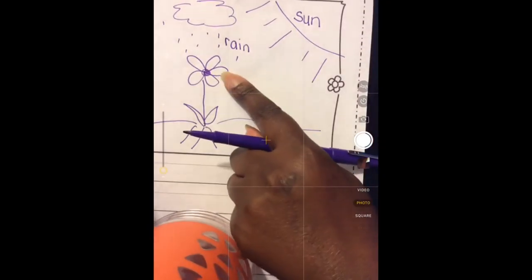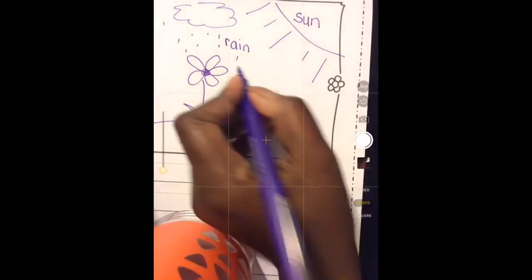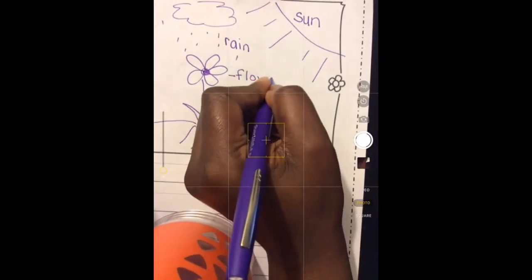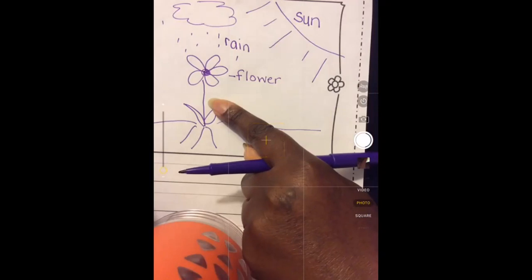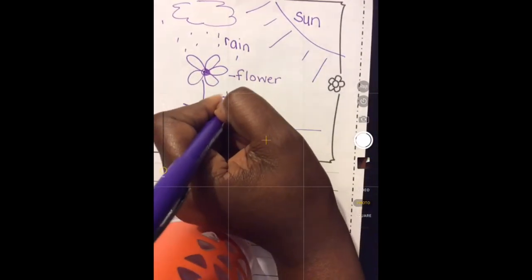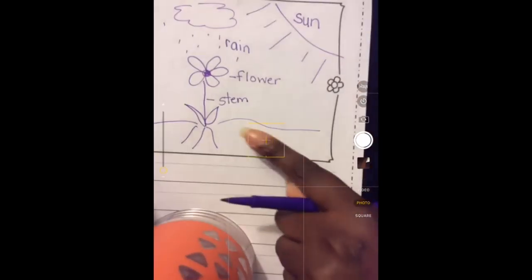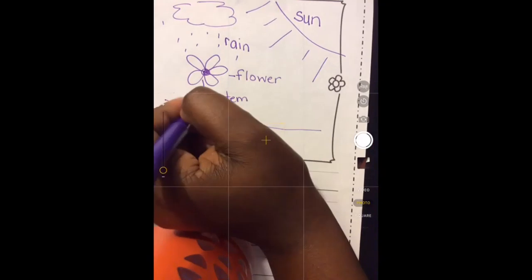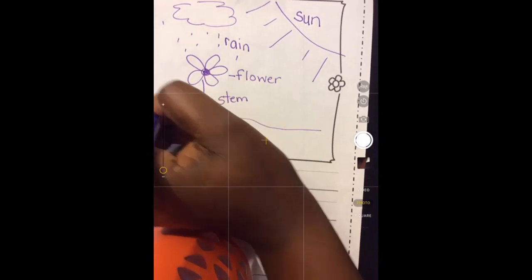This is what part of the flower? And I gave you the answer. This is the flower. What part of this? What is this? The stem. And these are, I'm gonna put my arrows over there.